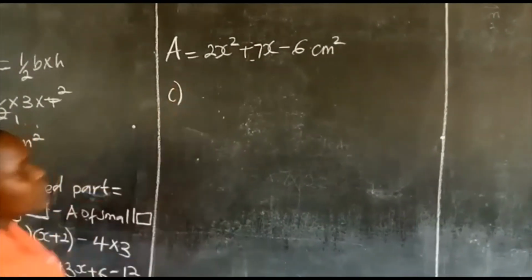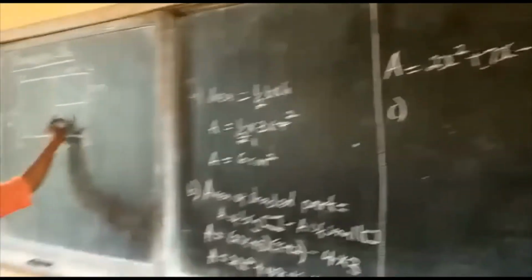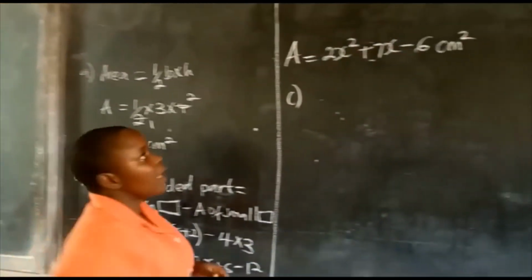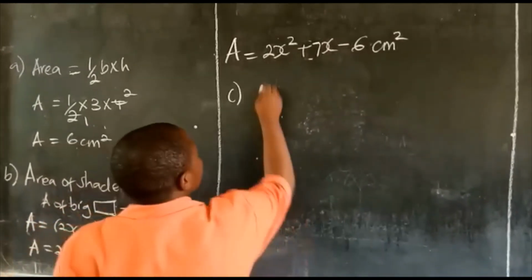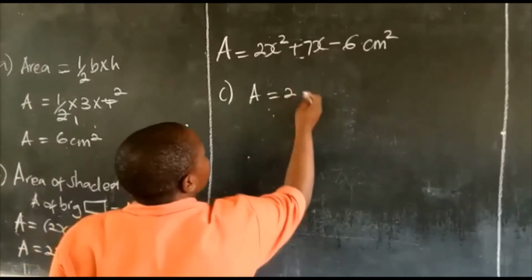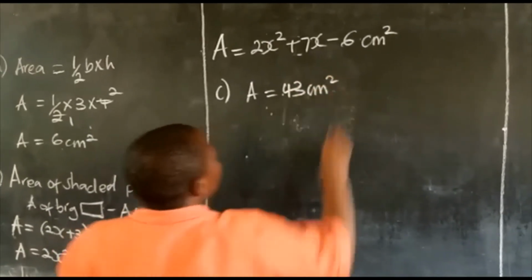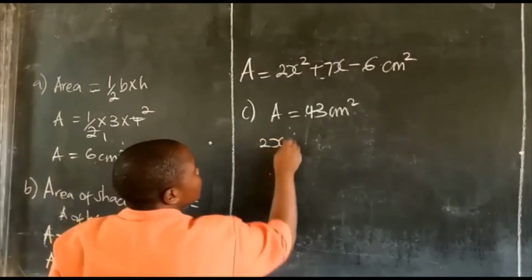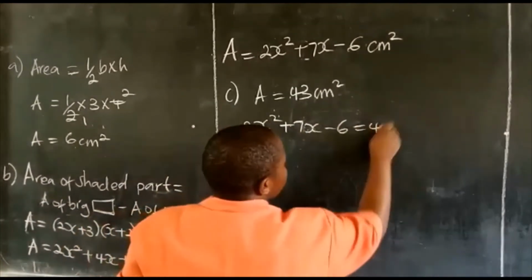And now part C, they tell us that given that the area of this shaded part is 43 centimeters squared, we should show that 2x squared plus 7x minus 49 equals 0. So we shall say the area is equal to 43 centimeters squared. And we got our area as this one. So we shall say 2x squared plus 7x minus 6 is equal to 43.